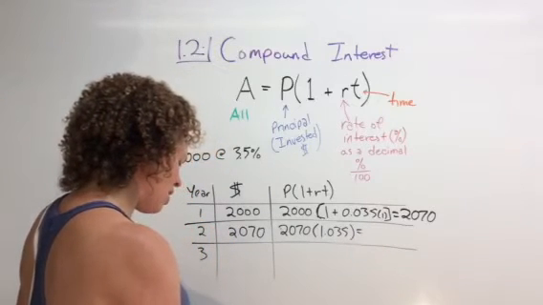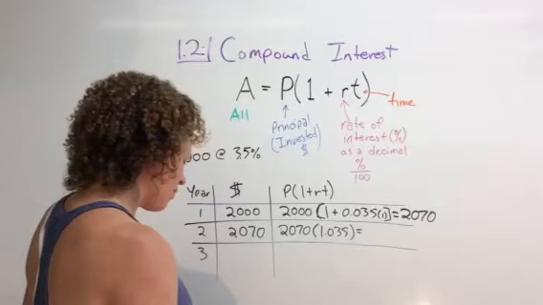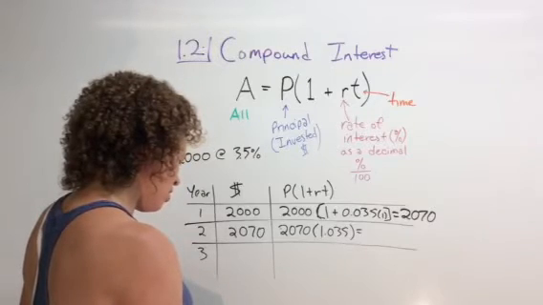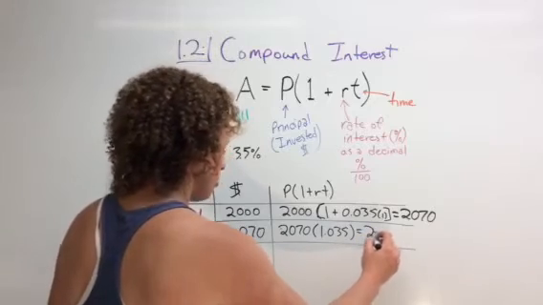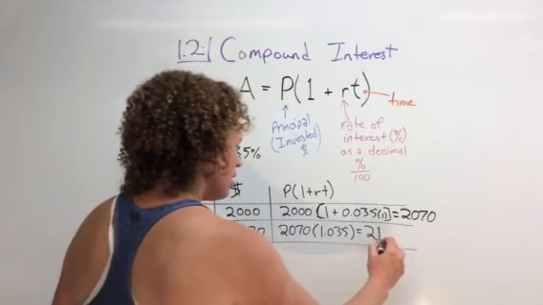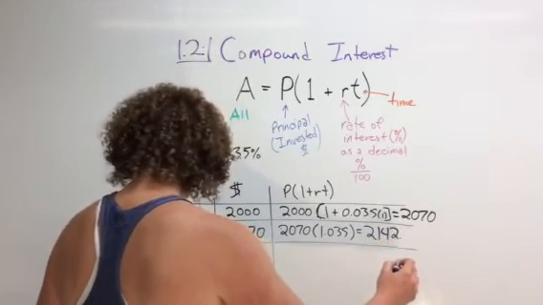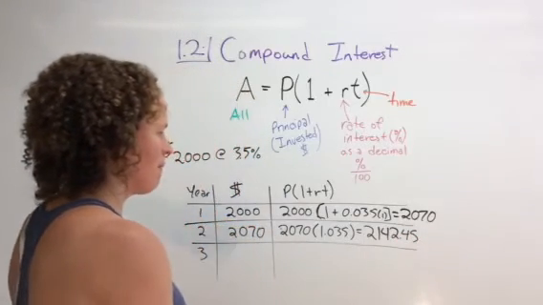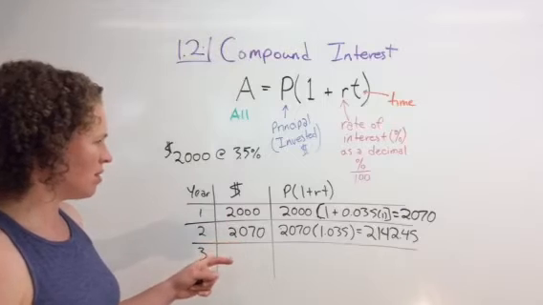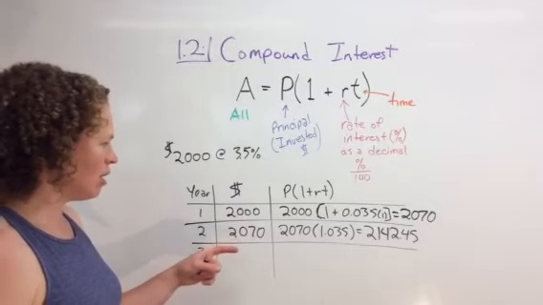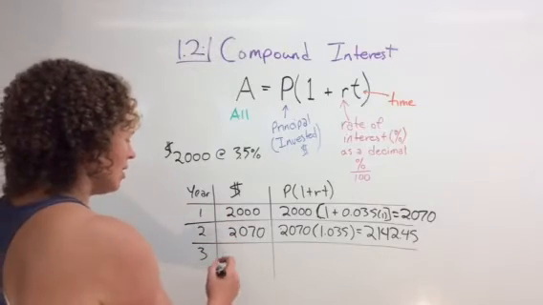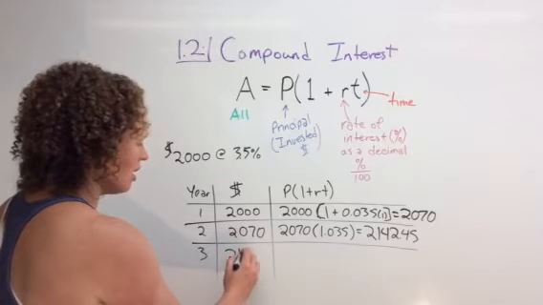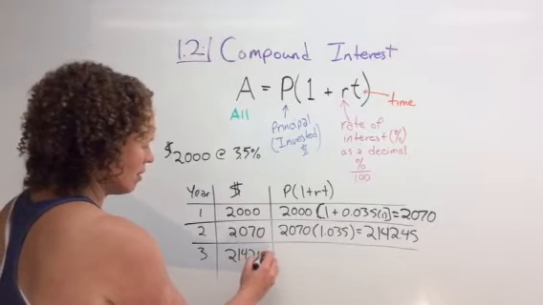So we just keep going in our calculator. And we end up with $2,142.45. Now, if this had been simple interest, we just would have added $70 every year. But we're adding a little bit more each year, so it keeps getting a little bit bigger.